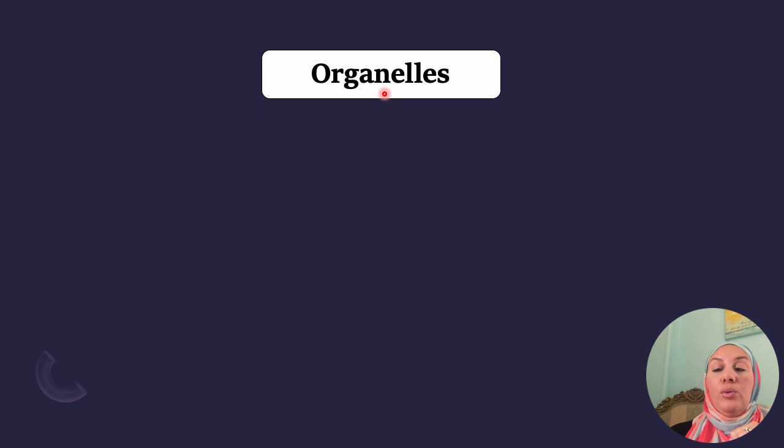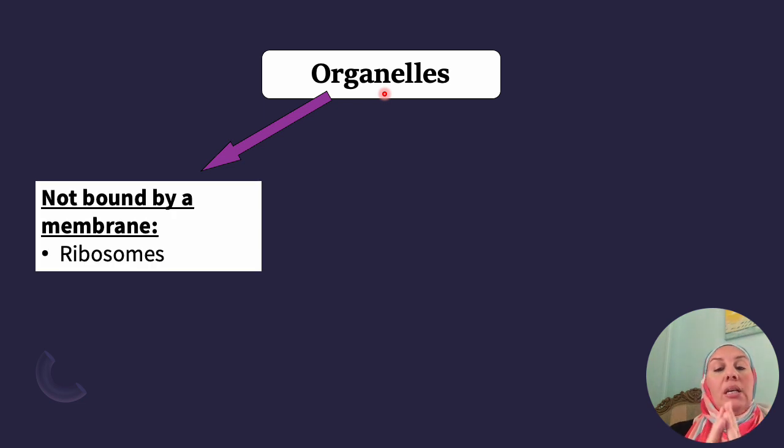And we are going to divide the organelles that we're going to see into 3 different categories. One of them is not surrounded or not bound by any membranes, such as ribosomes, centrioles, and some other structures. I can't remember much, but these are 2 examples.